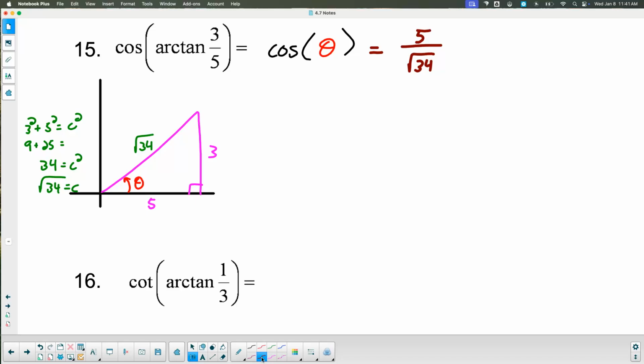Now, again, so that we all hear it, I am okay with 5 over the square root of 34 here, because we are not on the unit circle. I would not be okay if you could simplify the square root. So let's say it ended up being the square root of 24 instead. I would not accept the square root of 24 because I would want it to be 2 square roots of 6. Okay?